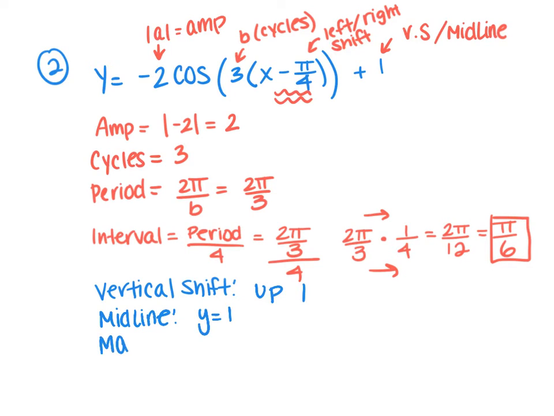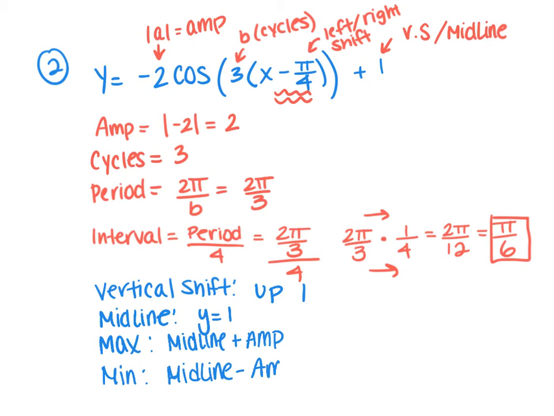If I want to find my max value and my min value, remember that max is your midline plus your amplitude, and your minimum is your midline minus your amplitude.